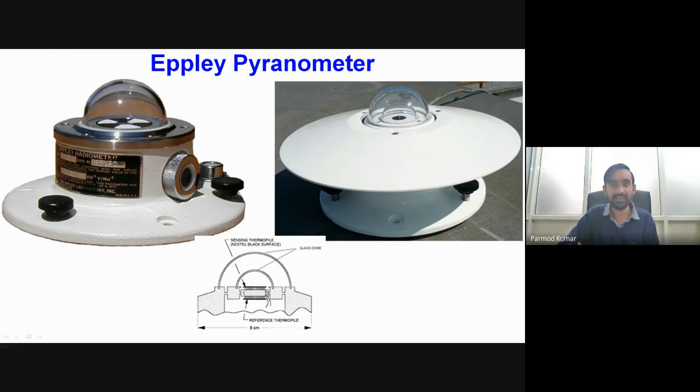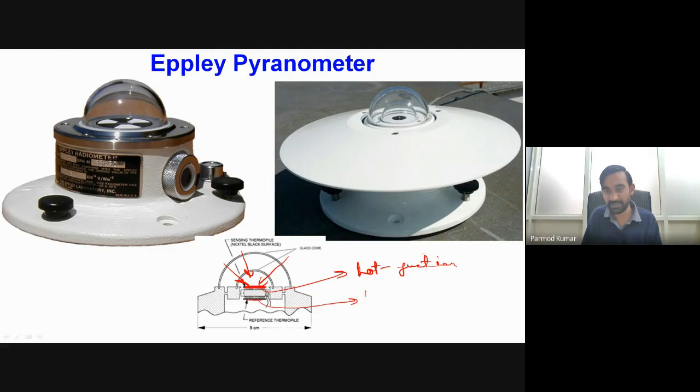So this I have shown here, a pyranometer. In this pyranometer we have two junctions. You can see one junction here, which is subjected to the solar radiation, so this will act as our hot junction. Another junction is at the bottom end, and this is a reference thermopile junction.